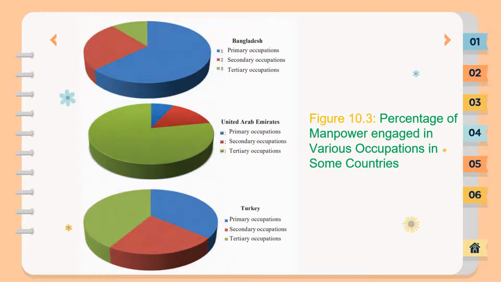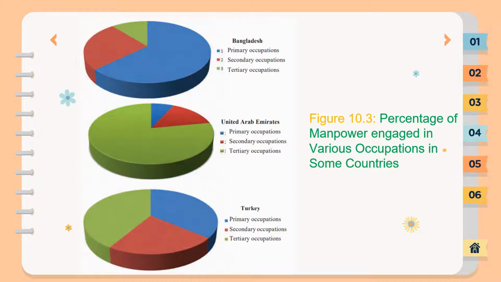These pie charts show the percentage of manpower engaged in various occupations in the countries of Bangladesh, United Arab Emirates, that is UAE, and Turkey. Each pie chart shows the percentage of primary to tertiary occupations.